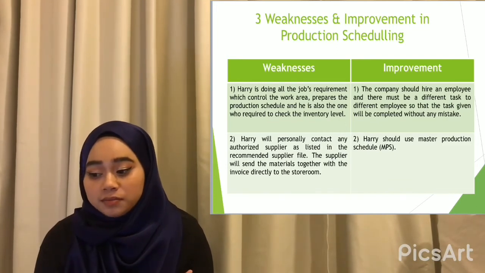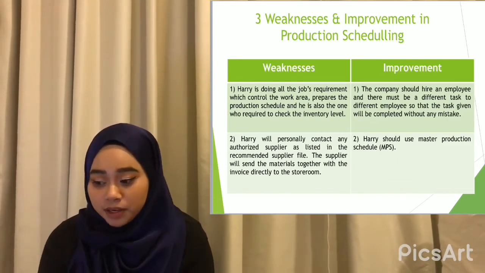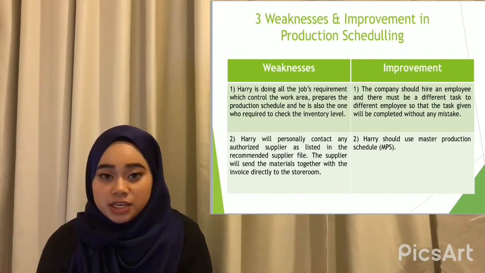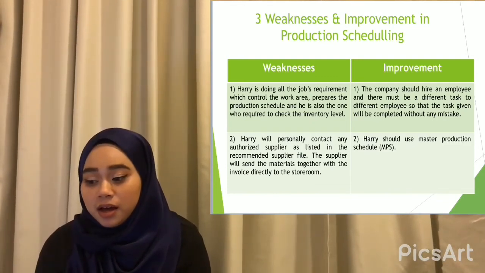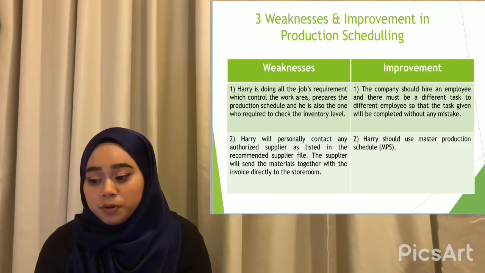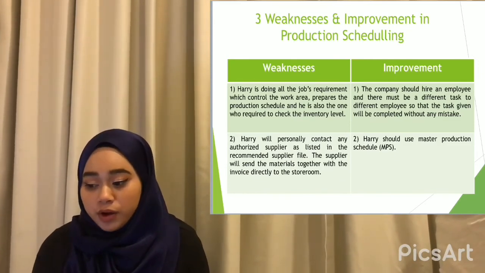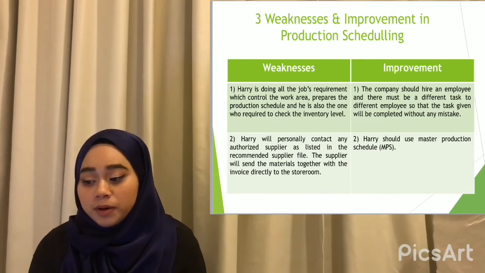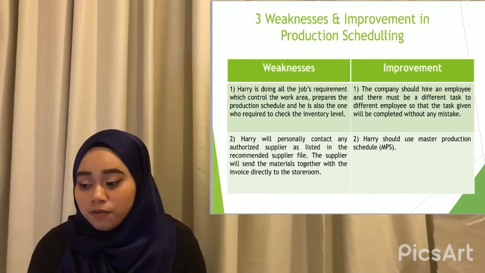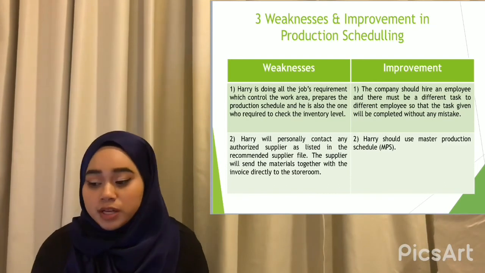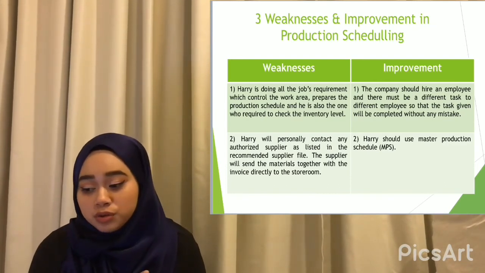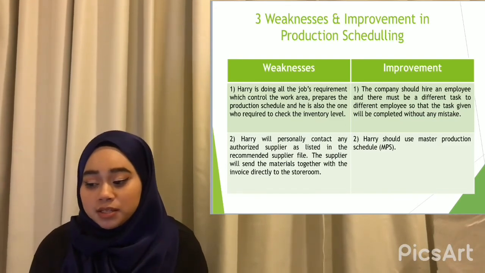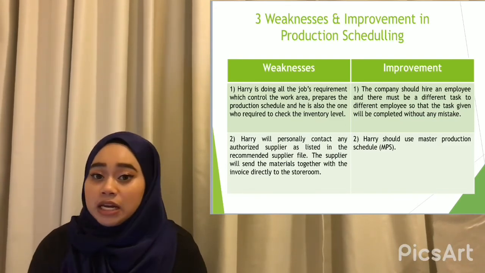MPS helps develop a detailed timetable that specifies daily production and determine whether raw materials need to be purchased, and it is necessary to expect the bill of materials to determine the immediate raw materials requisition for meeting the production goals. And Harry also should count the inventory by himself when the suppliers send the materials to avoid any miscount.